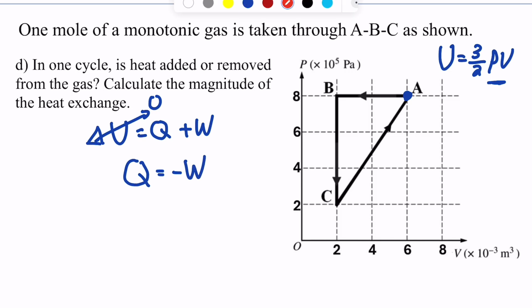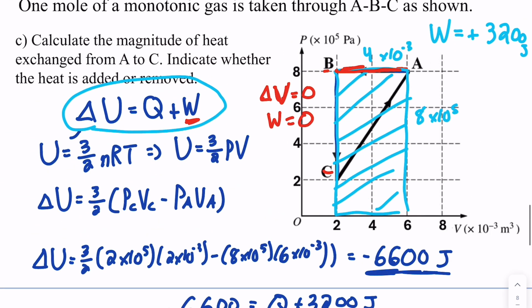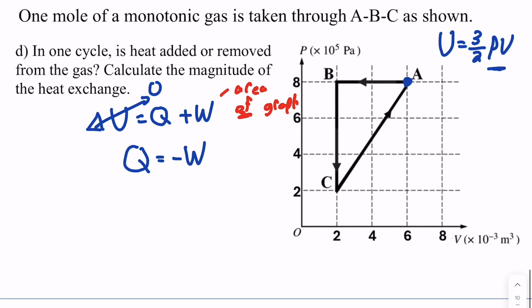Now to find the work, I'm going to do the area of the graph. This is a bit different from the part above. I was just going from A to B. That was the area under the graph. For the full cycle, I'm going to take the area of the graph, which would be this triangle here.